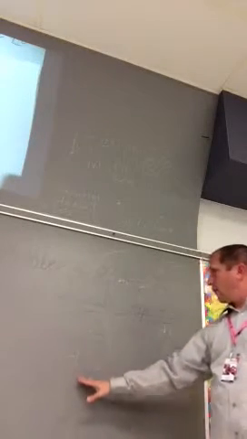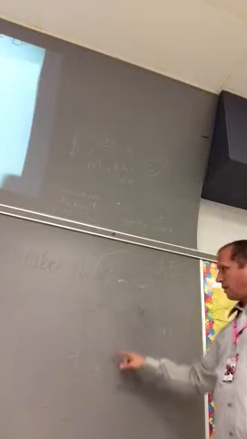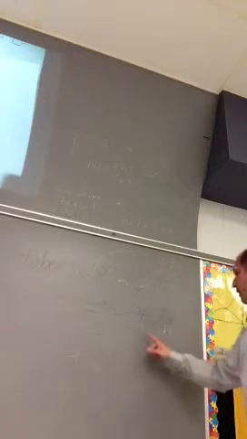I'm increasing, but at the same time, I'm concave down. Right here, I'm increasing with a concave up. Here, I've got something that's decreasing, with its concavity being down. And here, I've got something decreasing, but it is concave up.